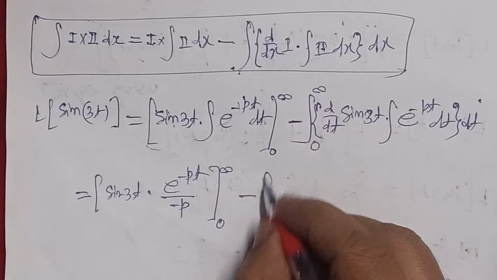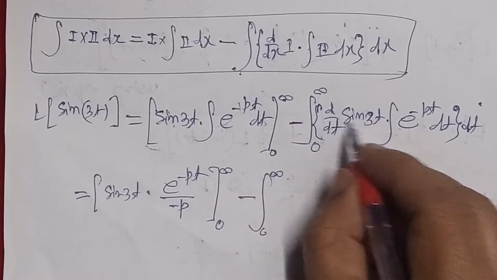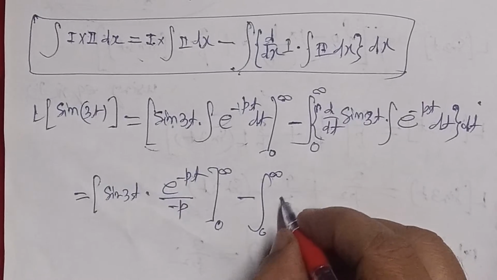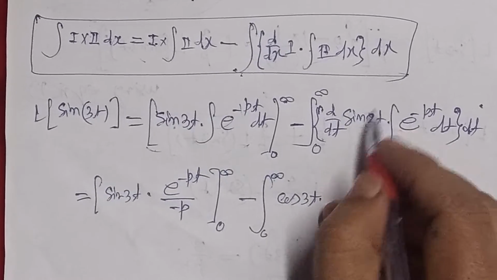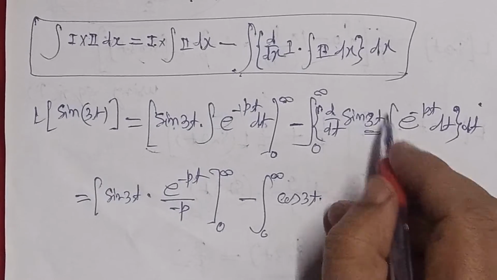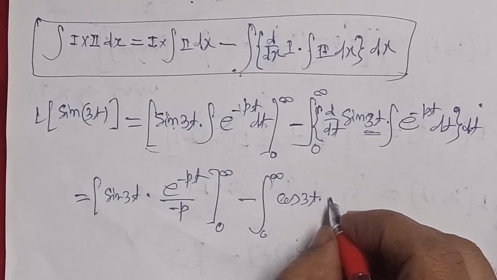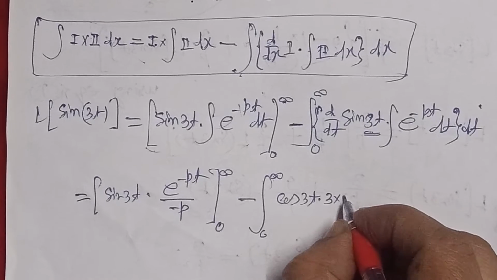For this term, 0 to infinity, differentiation of sine is equal to cos 3t, but it is not t, so by chain rule we must differentiate 3t, which is equal to 3 into 1.